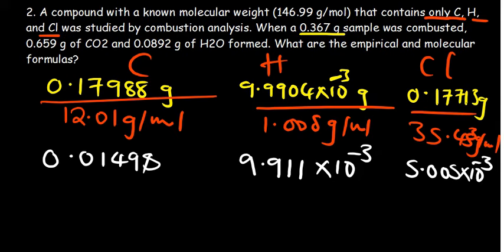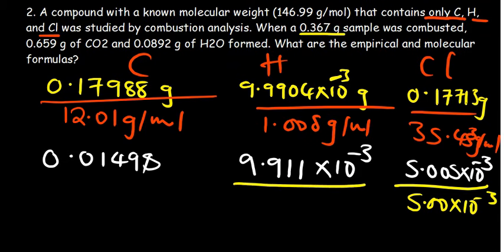So we've determined the number of moles from our combustion analysis. We can now divide by the least. Which one is the smallest among these 3? Obviously it's that one. So 5.005 times 10 to the power negative 3 is less than 9.911 times 10 to the power negative 3, since we have the same power.